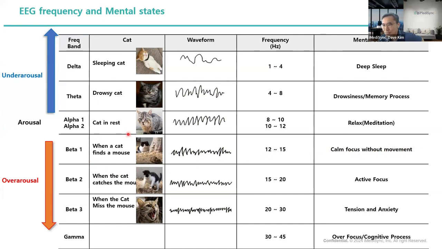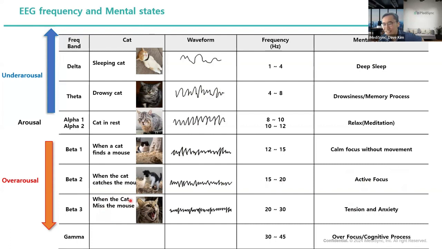And after this calm focus, when the cat catches the mouse, in that working condition the cat generates the beta 2 rhythm, not beta 1 rhythm. Beta 2 rhythm is between 15 and 20, associated with active focus.